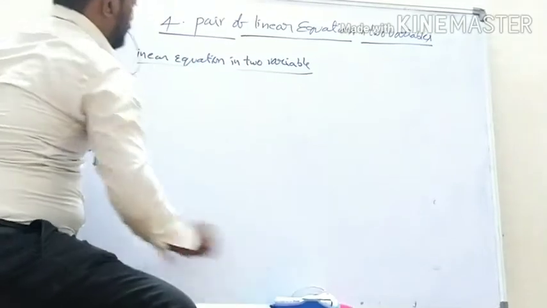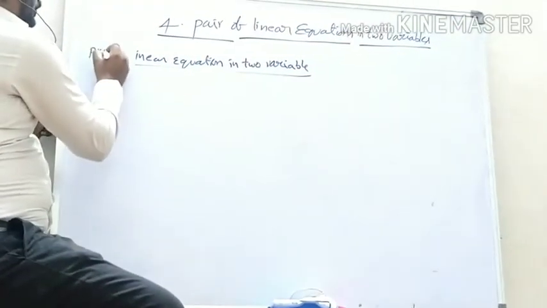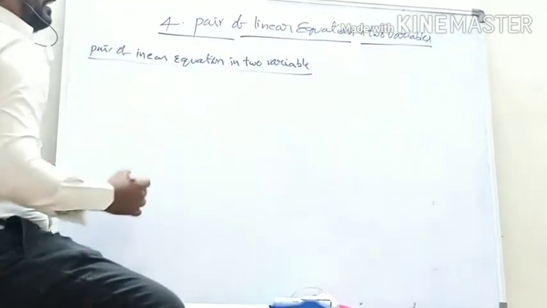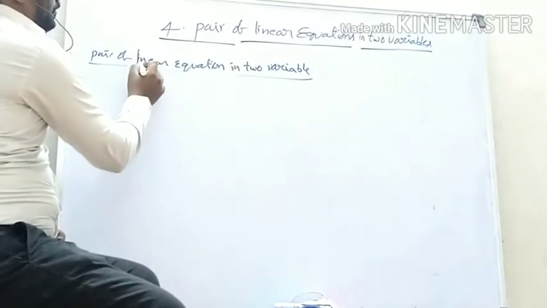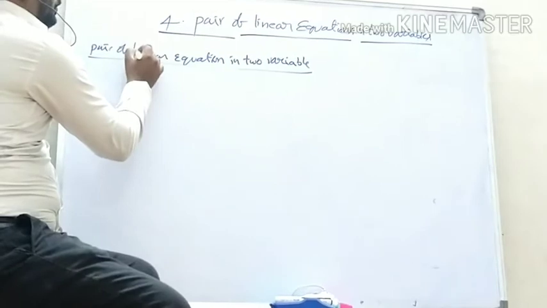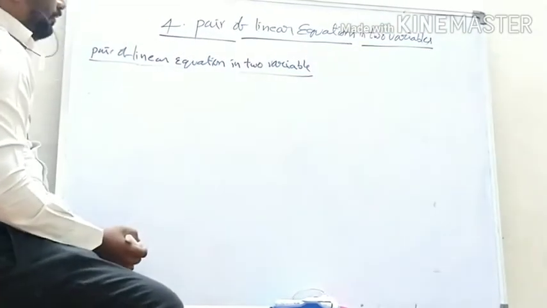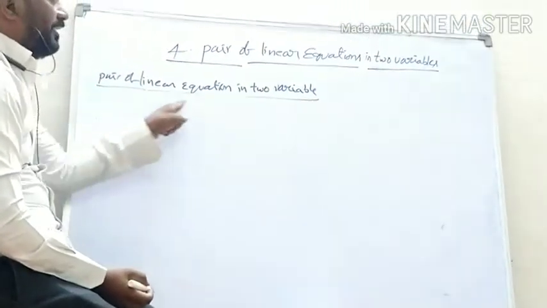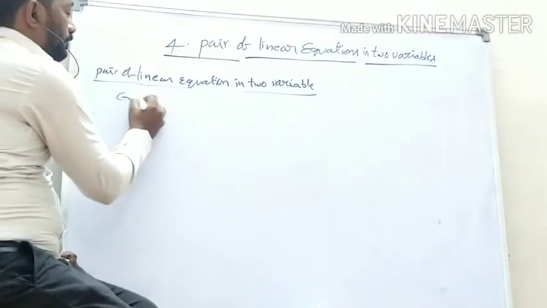Next, pair of linear equations. What is a pair of linear equations in general form?